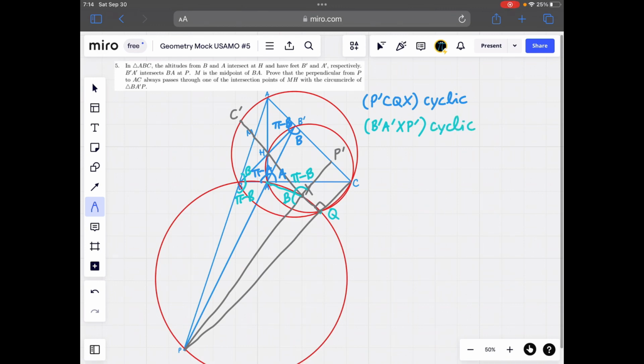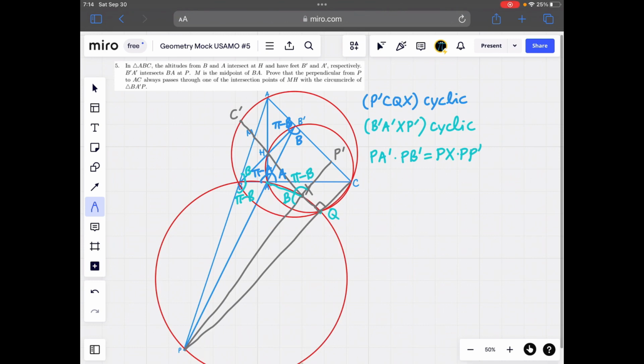Now we can do power of a point at P. We know that PA prime times PB prime equals PX times PP prime. But what else is PA prime times PB prime equal to?